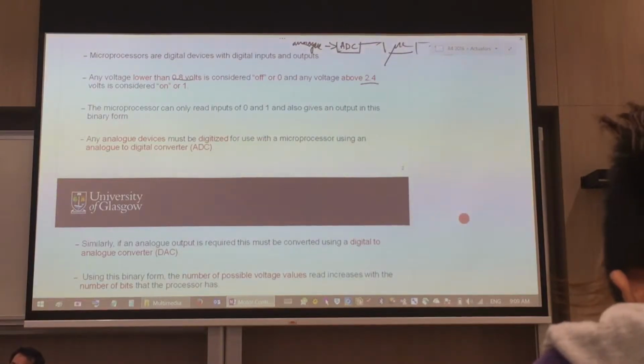Actually, what happens if you put a digital signal into your DC motor? Have you ever tried that? What will happen? Actually, nothing would happen, because your analog motor cannot receive that digital signal.